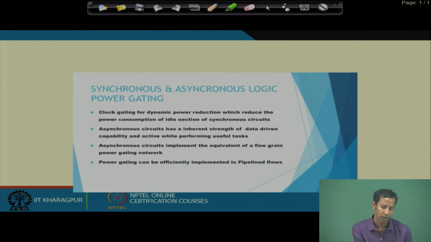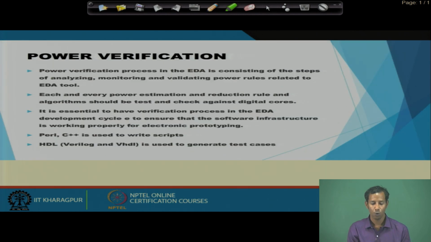Okay. Then we need to verify the power, like whenever we do this digital circuit design, at that time we run some formal verification or some verification method to check that okay, if I apply this stimulus, then what will be my expected output. If it is matched, then we can say that okay, we have designed the proper design. Okay.